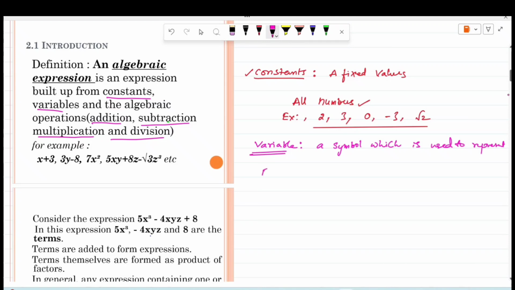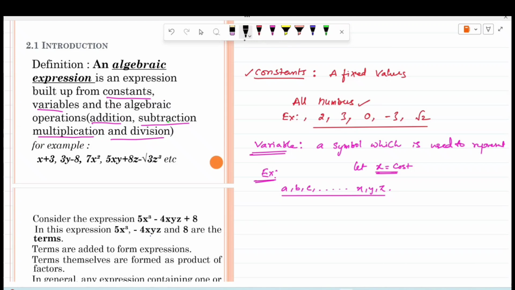What are the examples? Suppose we have to consider the cost of an item or the cost of a pen. If it is not known, we consider, let x be the cost. So x is a variable in this situation. So examples are all alphabets like A, B, C, and so on, X, Y, Z. These all come under variables.